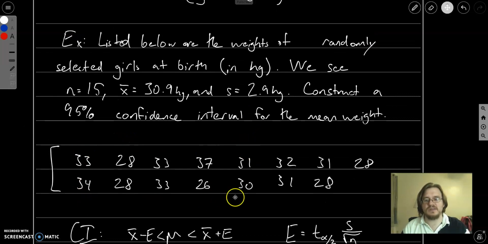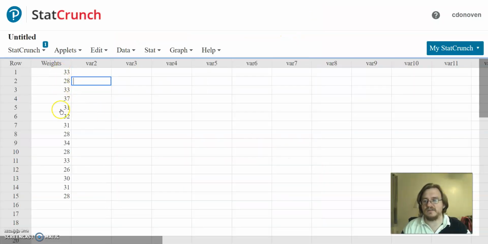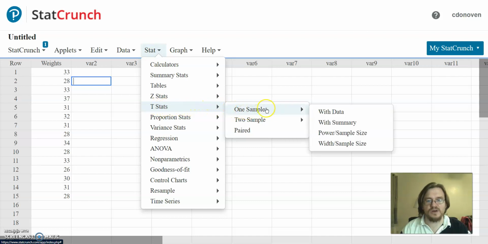Now, since we know the actual values in our sample, we could use StatCrunch to come up with the confidence interval itself. If we come back over to StatCrunch, we'll see that I have typed in all of the weights and I've labeled my column weights. If I want to construct a confidence interval using the t statistic, I come to Stats, I look at T Stats, I have one sample, and I want to calculate something with the data listed in this column.